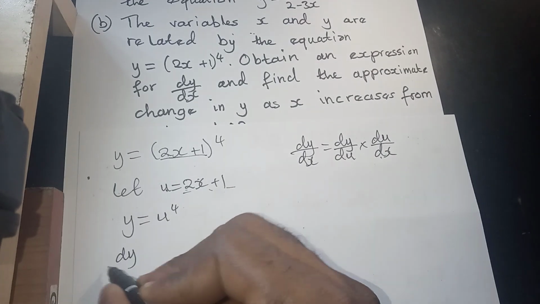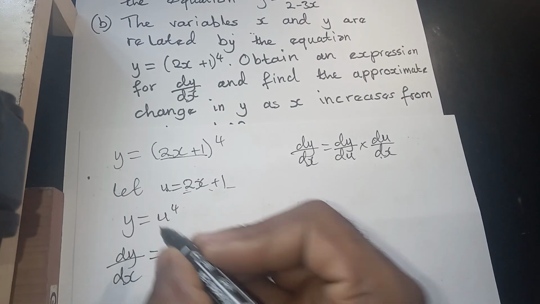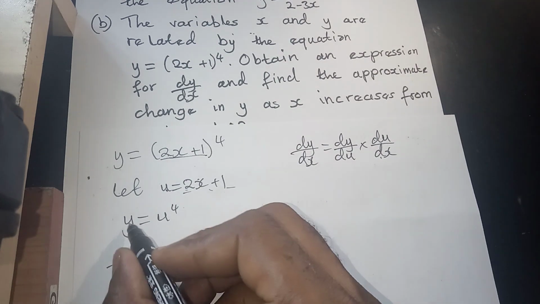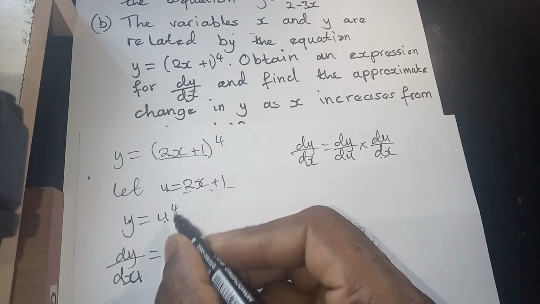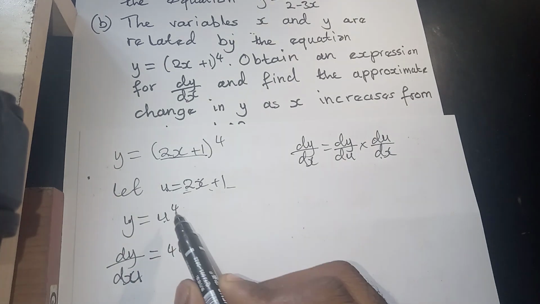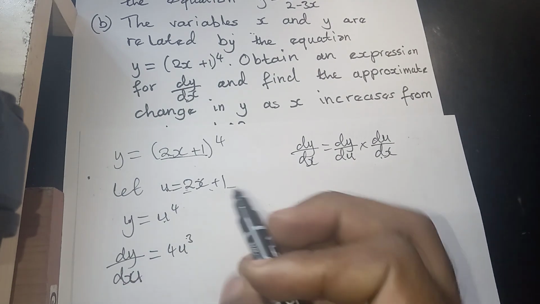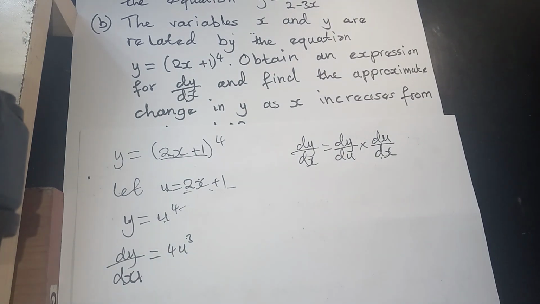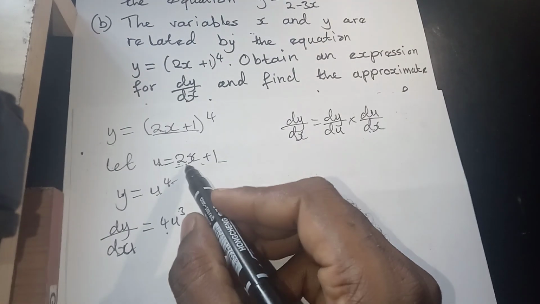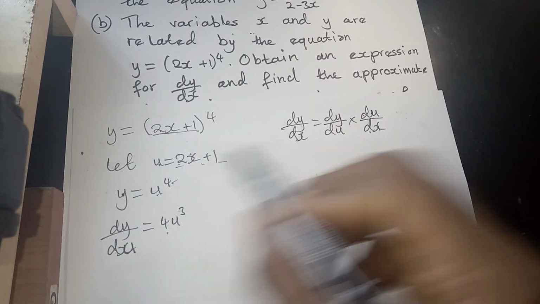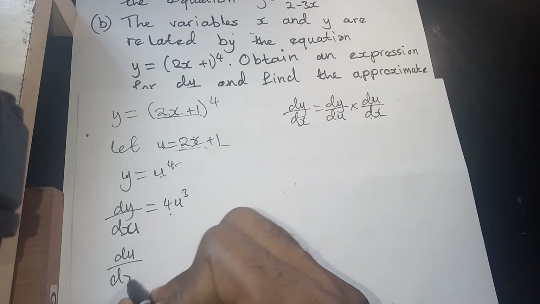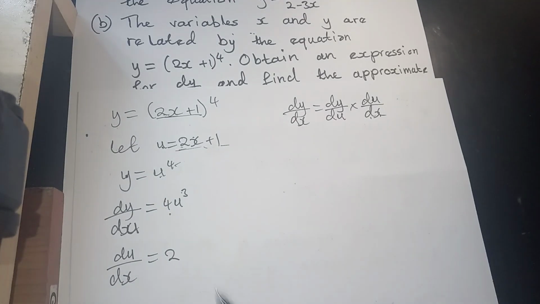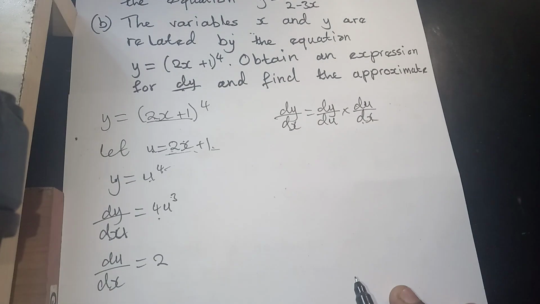And then dy/dx will therefore be dy/du, we're differentiating y with respect to u. This will be 4u raised to the power 3. Remember, the power is reducing by 1, so you're subtracting a 1 like this, and then multiplying this by that. And then we also need du/dx, which we can obtain from there. So our du/dx will simply be a 2, since this will give us a 0.